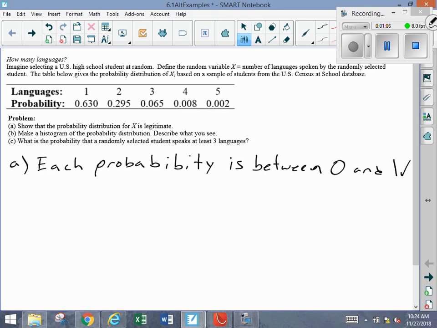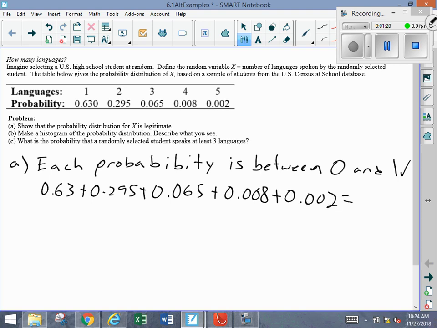Number 2. 0.63 plus 0.295 plus 0.065 plus 0.008 plus 0.002. Is it equal to 1? That's what we want to know.